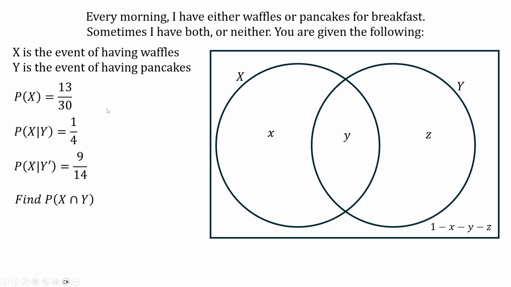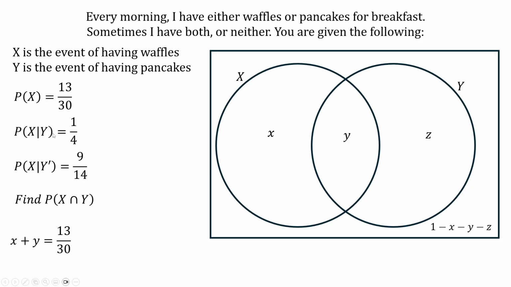Okay, the probability of x is 13 over 30, right? So x plus y, which is this here, is 13 over 30. So let's write that down. The probability of x given y, right? X given y, so we're in x, given that we're also in y, right?